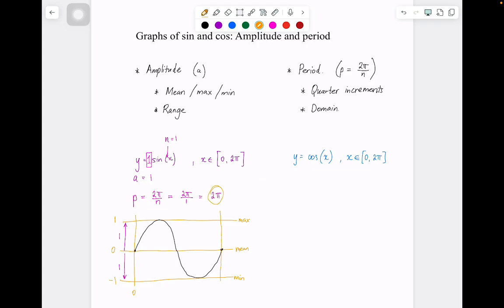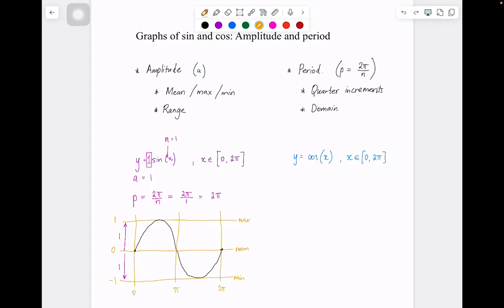Now recognize that our graph is a sine graph, so let's draw up the sine graph. Remember, for the unit circle, the sine graph starts at a default value of 0. And when we rotate around the unit circle, our y value goes up, goes back down, all the way down, and back to the top.